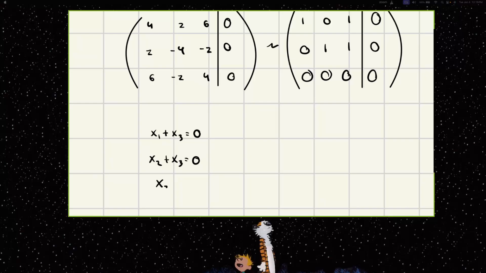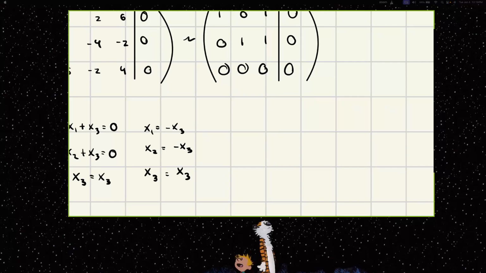And then x3 again is our free variable, so we'll just say it's equal to itself. Okay, so I'm again just going to solve this in terms of x3. So x1 will be equal to negative x3. x2 will be equal to negative x3. And then x3 is x3. So now we have them all in terms of x3. So let's find our eigenvector. This will be in terms of x1, x2, and x3.